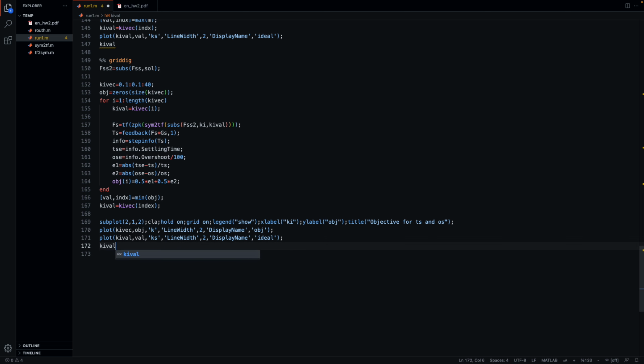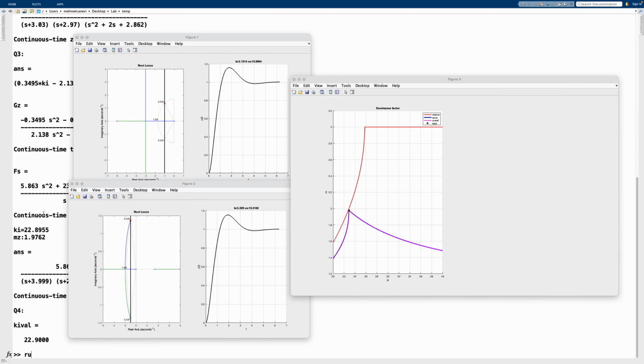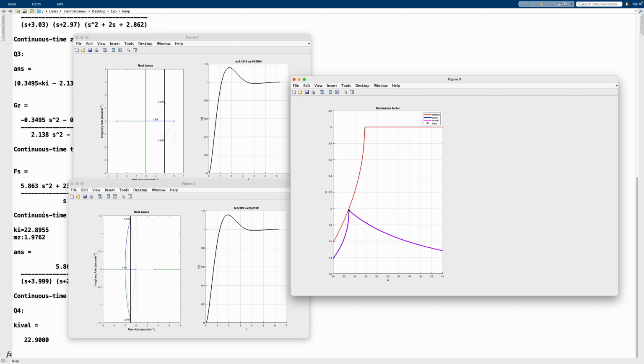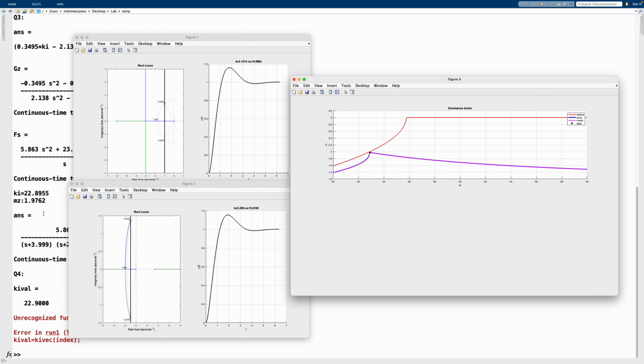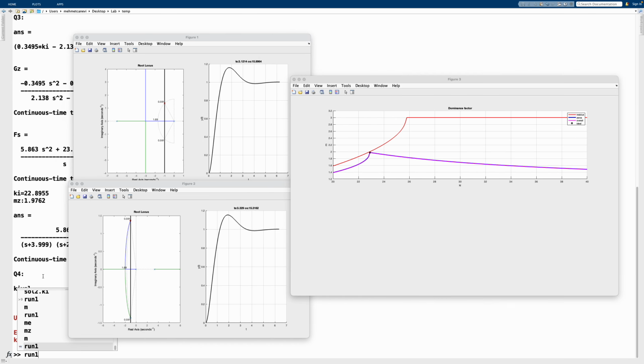So KI val. There we go. Now let me run this. And we messed up. Probably because this is index, but this is INDX.